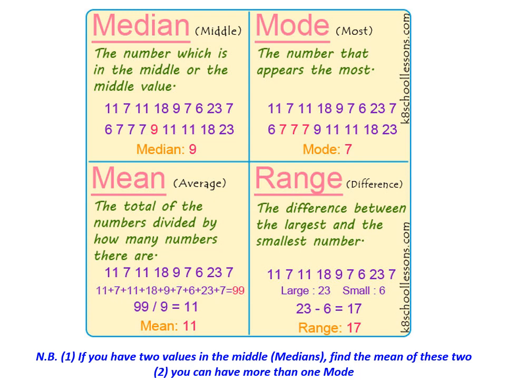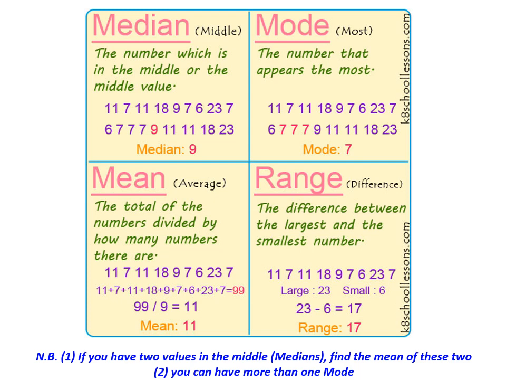Median, mode, mean, range. What is the difference between these words? Median means the middle, or the number which is in the middle of the values. We have 9 values here: 11, 7, 11, 18, 9, 7, 6, 23, and 7.